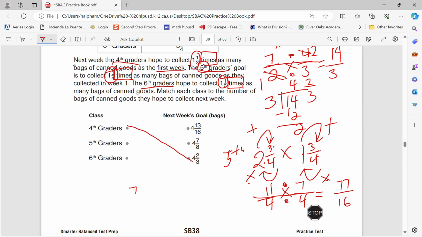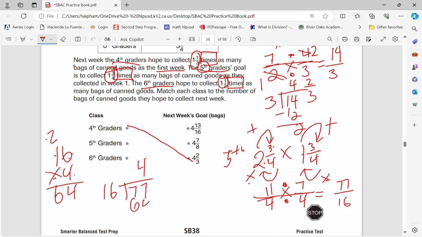Time to rename this here. 77 divided by 16. That's going to be about 4 here. So if I go ahead and multiply to check my math, 6 times 4 is going to be 24. 4 times 1 is 4 plus 2 is 6.